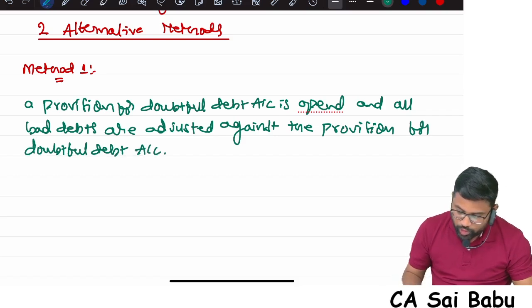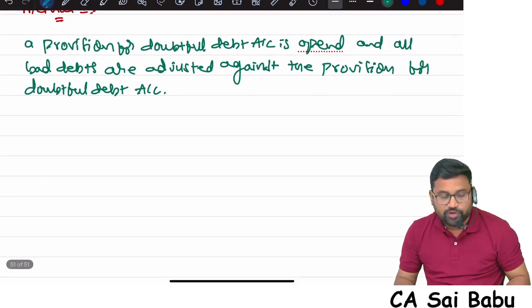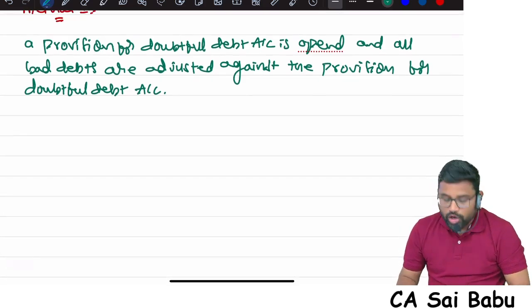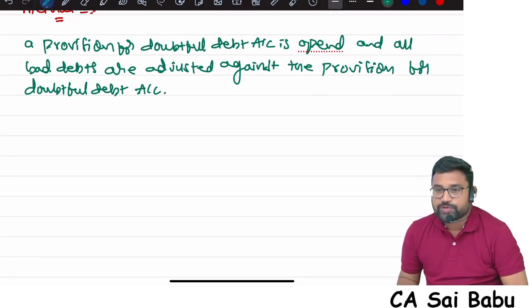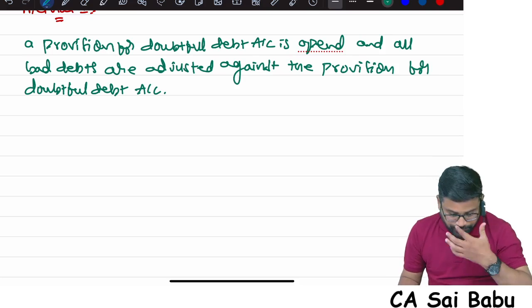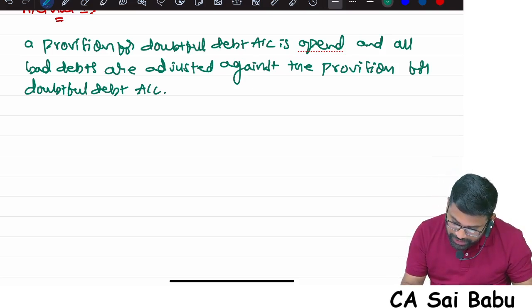So we will open a provision for doubtful debt account, and all bad debts are adjusted against it. Now here are the entries.